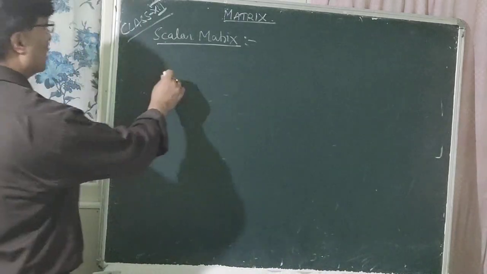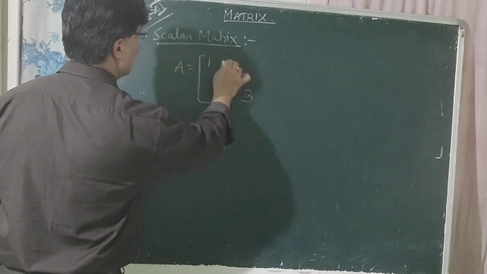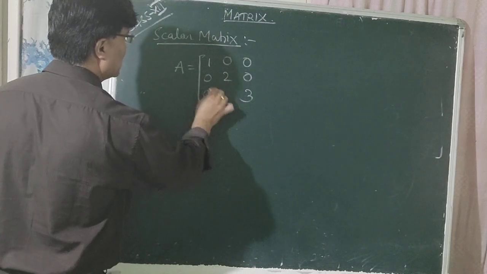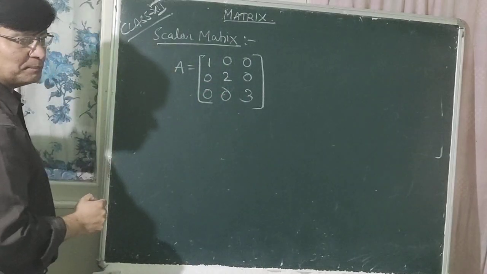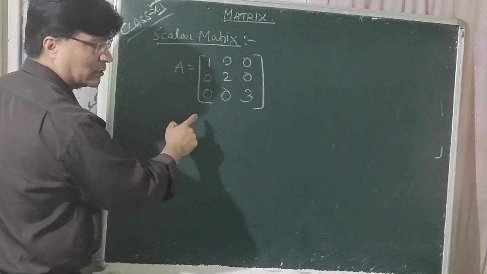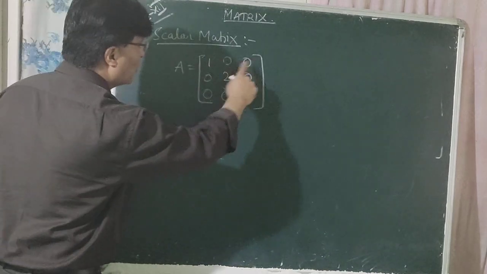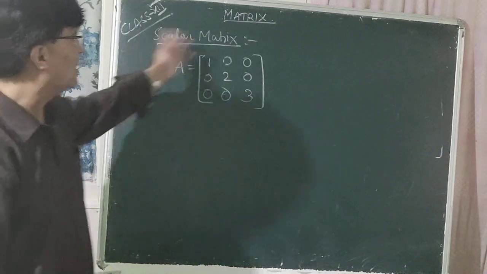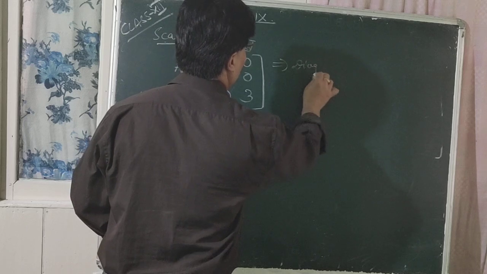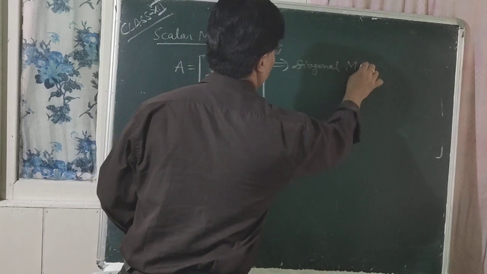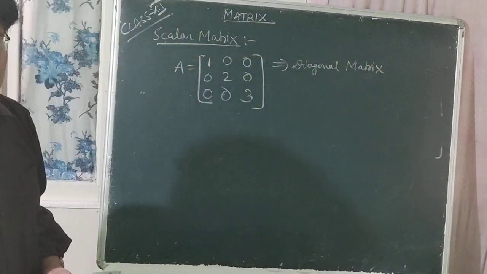That means a diagonal matrix is like 1, 2, 3 along the leading diagonal, and all the other elements are zero. This is known as a diagonal matrix.